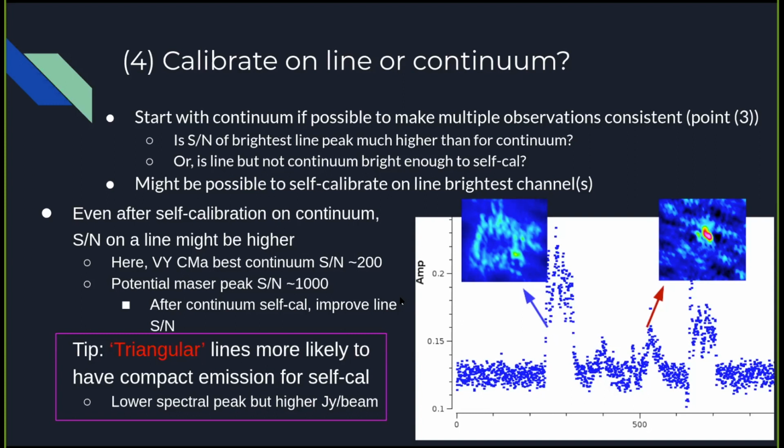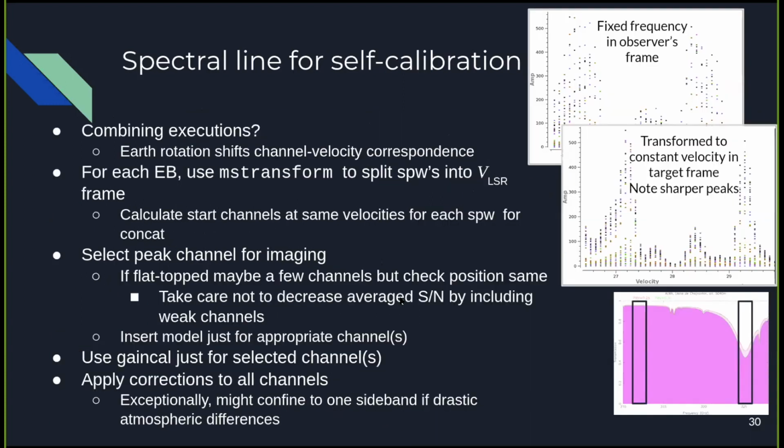And if you're combining executions for spectral line self-calibration, then before you do any self-calibration at all, or before you select your channels, you want to run mstransform with the parameter to regrid the MS into constant velocity in the target frame.